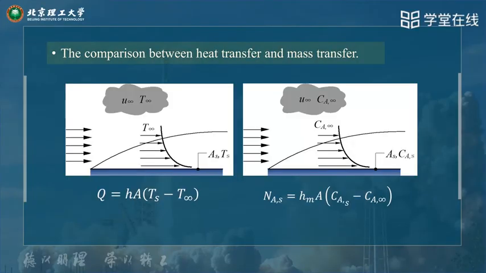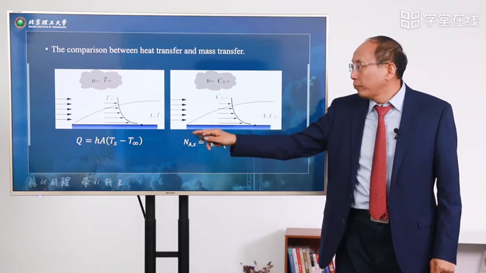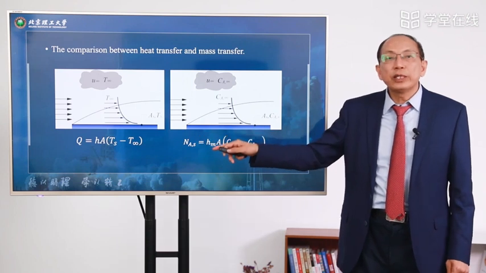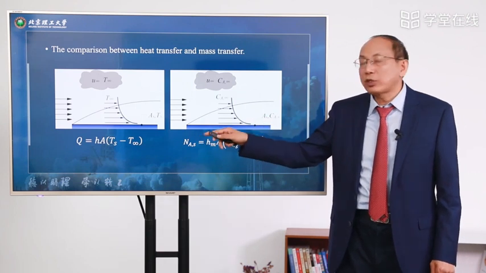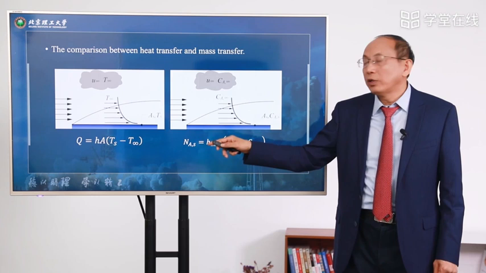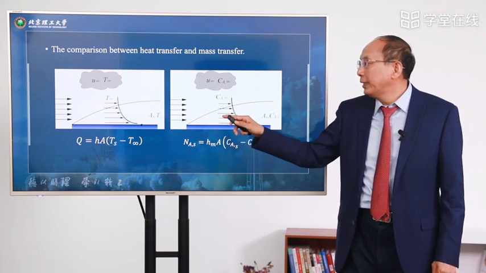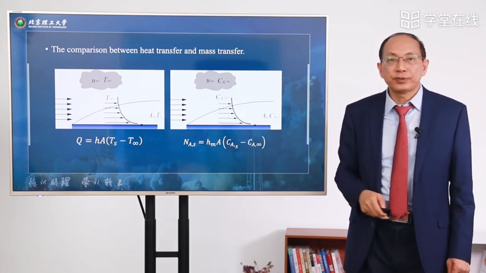We do some comparison between heat transfer and mass transfer. We find the layers are very similar. We use Newton's law of cooling to calculate the convection heat transfer: Q equals h A times the temperature difference.